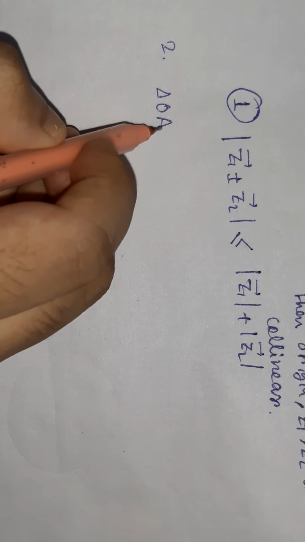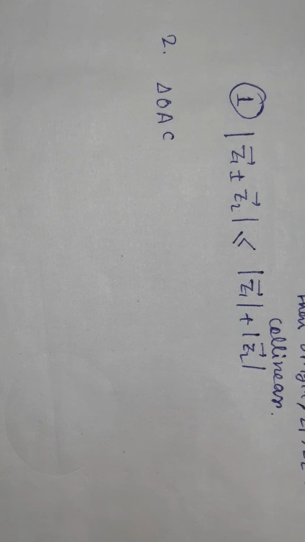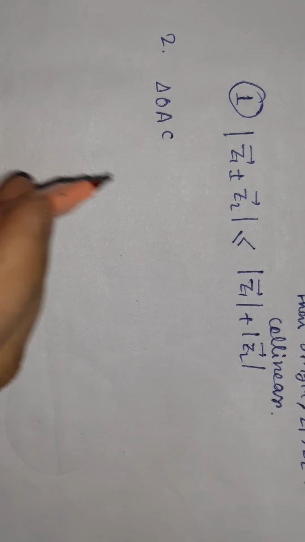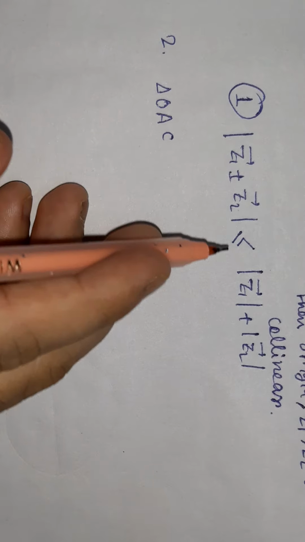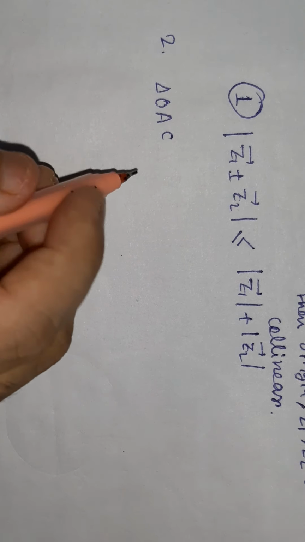We know that in a triangle the sum of two sides is greater than the third side. In a similar way, the absolute difference of two sides is always less than the third side. That is, if we consider the sides as mod of Z1 and mod of Z2, and the third side AC.